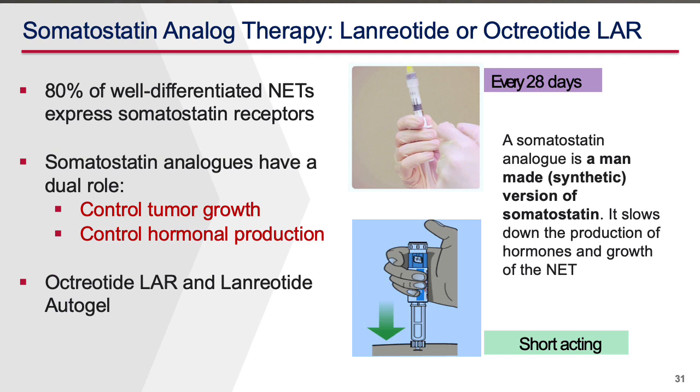In a functional tumor, we keep those injections. We don't remove those injections because that can still continue helping with the symptoms related to the hormone excess. It may not necessarily help to decrease the growth of tumor like it was initially given, but it will still help to control the symptoms related to hormone excess.